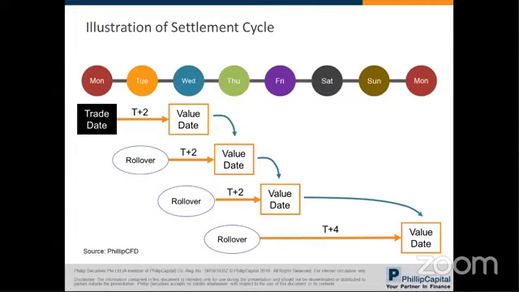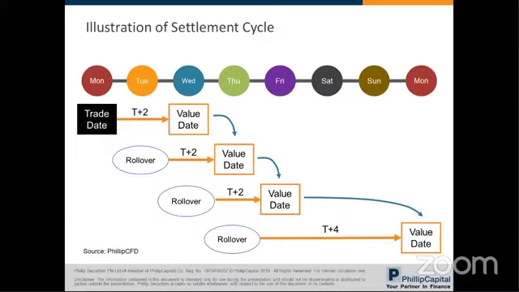To illustrate, this has an impact when you hold a position overnight. When you start on Monday, T+2 means the value date will be on Wednesday. The rollover is conducted on each day in between. If today is Monday and I want to continue holding for more than 1 day, that entails a rollover to Tuesday.